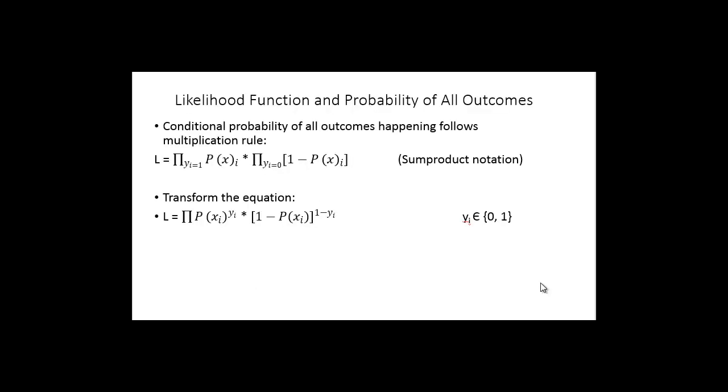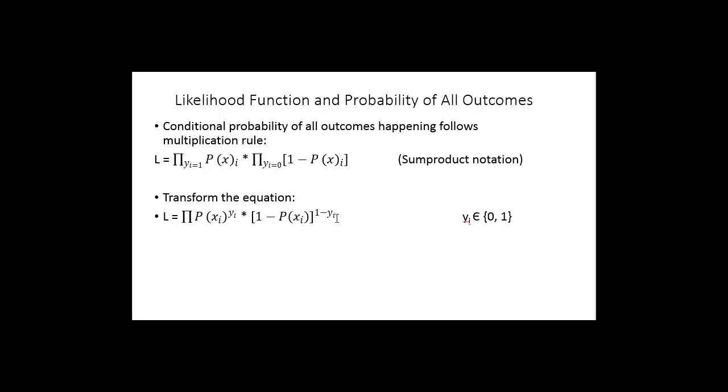So we will make a likelihood function. That likelihood function is a function of all probabilities of outcomes, both success and failure. The conditional probability of all outcomes happening follows the multiplication rule. So that function will be the product of all probabilities of success times all probabilities of failure.